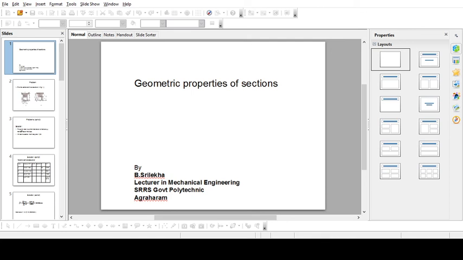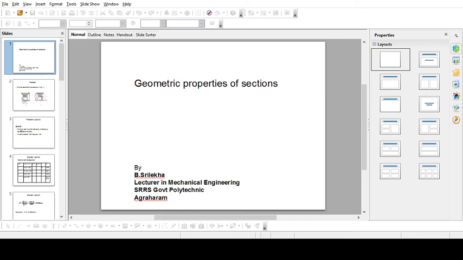Thereafter we need to write the centroid of each section, based on its shape, whether it is a rectangle or a triangle. Their respective formula has to be substituted in that.